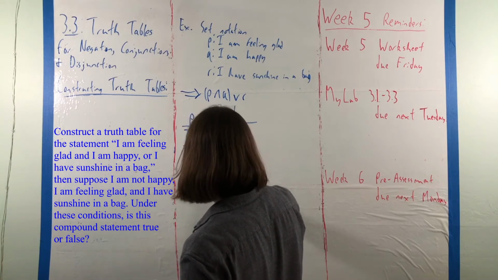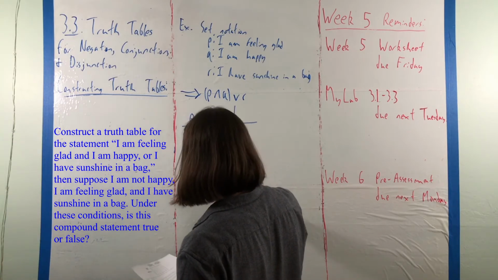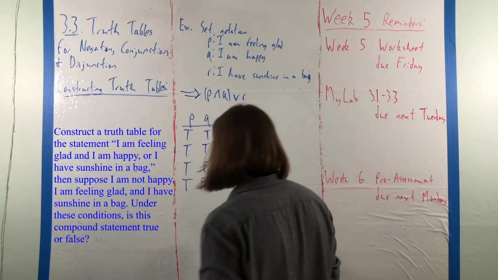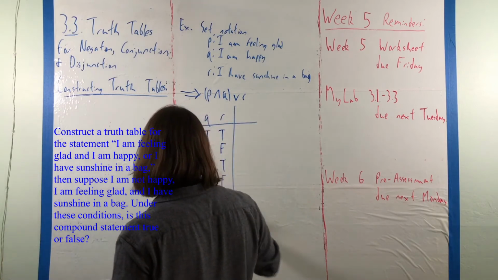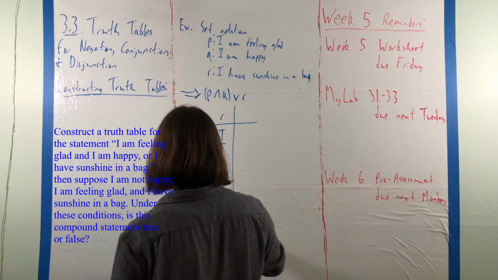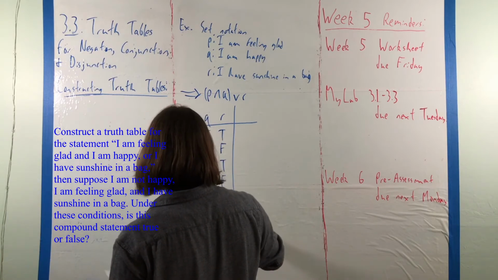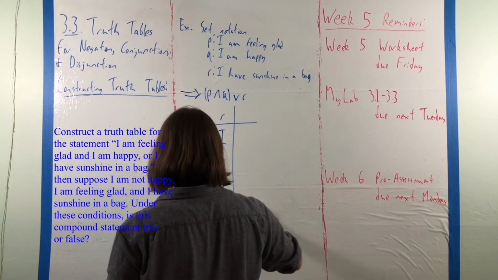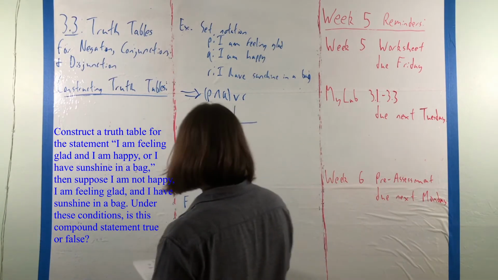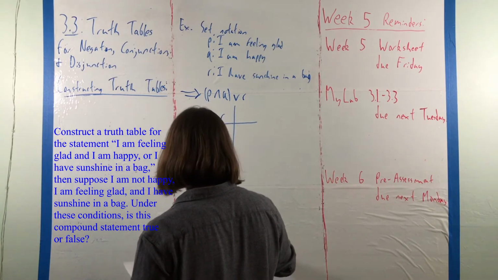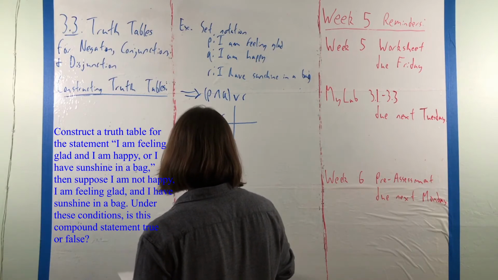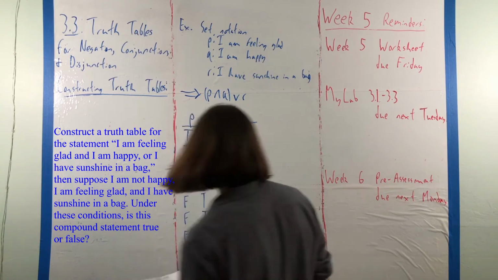P is true, Q is false, and R is false. P is false, Q is true, R is true. P is false, Q is true, R is false. P is false, Q is false, R is true, and P is false, Q is false, R is false.